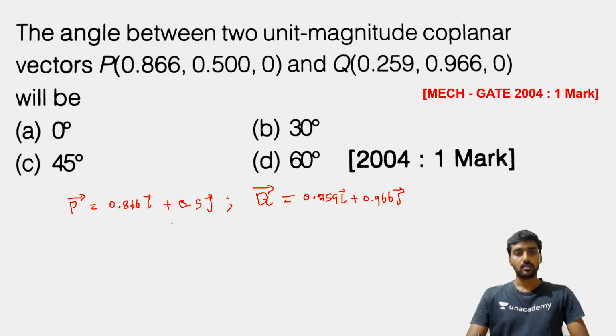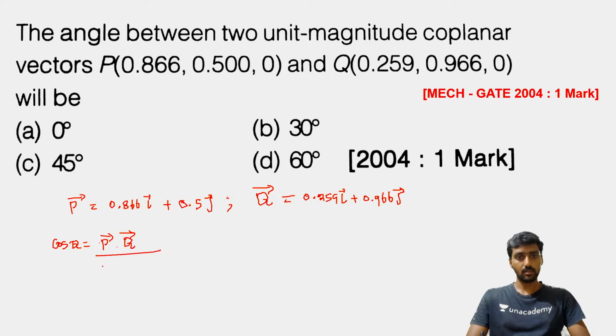Okay, now for the angle between P and Q, cos theta is equal to P vector dot Q vector divided by modulus of P vector into modulus of Q vector.